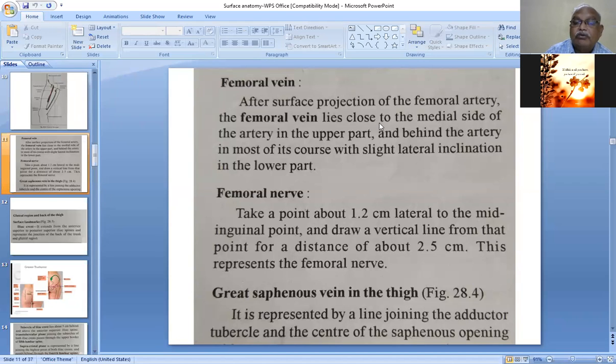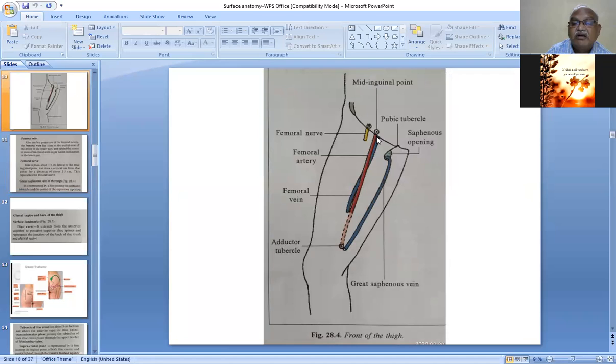So I will show you how the femoral vein runs. Upper part, medial. This is the femoral artery, lateral. This is the femoral vein, medial. Then it is going behind the femoral artery up to here. Then here it comes to the lateral side with a slight inclination. You see, this is the inclination.